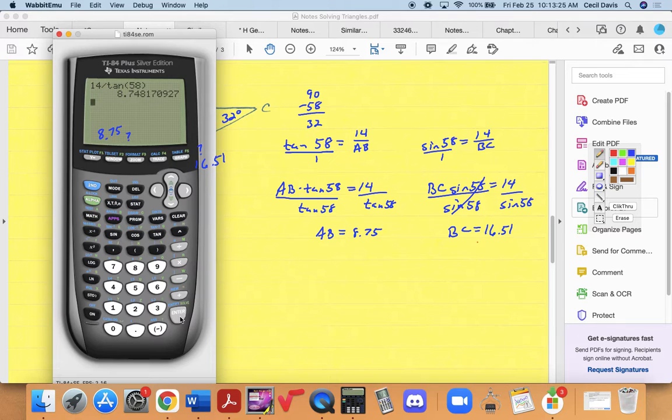And the next one, it's 14 divided by the sine of 58, which is almost exactly the same. It's just sine instead of tangent. You can save a little bit of time by going second, enter, and it'll pop back up what you typed in for the previous line. And you can just arrow back and change that to sine.